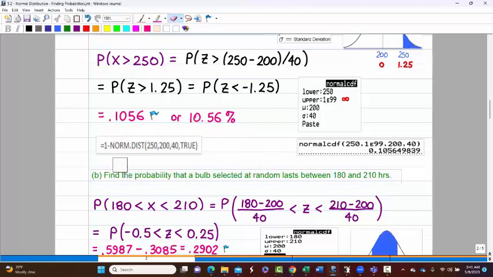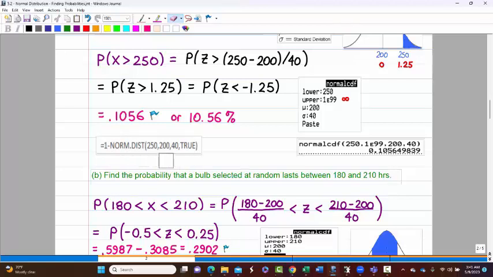And now, in Excel, we're using a different function. It's called NORM.DIST, not NORM.S.DIST. NORM.S.DIST, S was for standard normal distribution, meaning your mean is 0 and your standard deviation is 1. Now NORM.DIST needs you to tell it what the mean and standard deviation are.